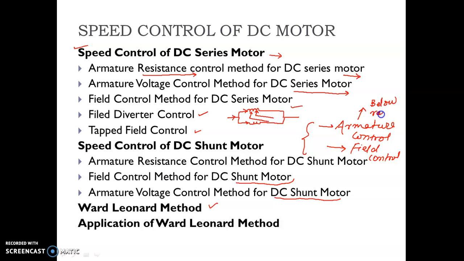If we apply armature control, then the speed is controlled below the base speed or rated speed, and by application of field control, the speed is obtained above the base speed or rated speed.